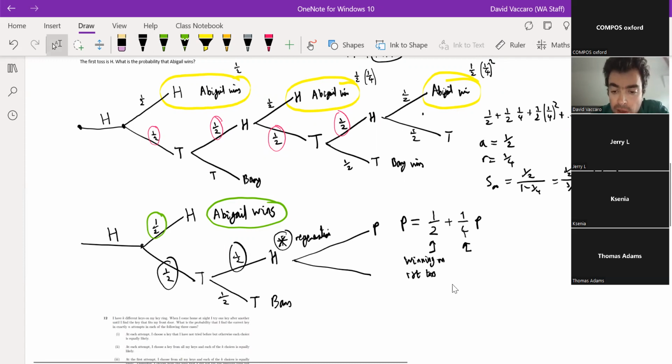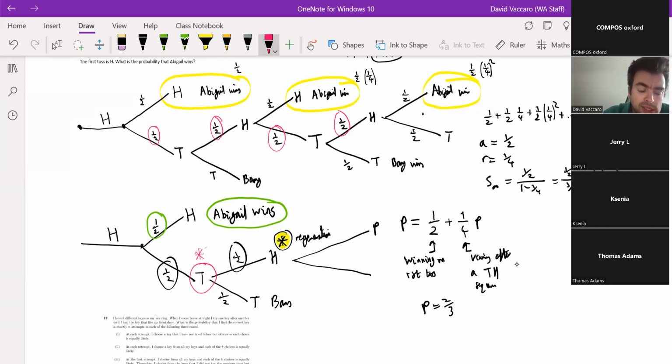This is the probability of winning after a tail-head sequence. And we again get P equals 2/3. Okay, so that's considering the game regenerating here.